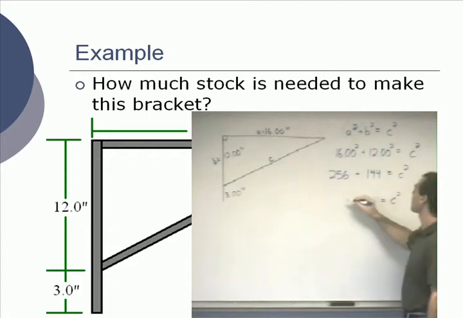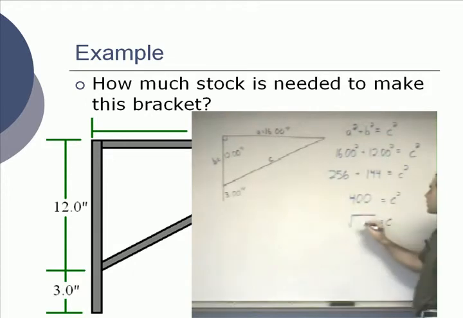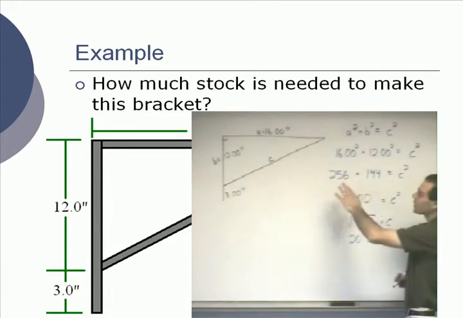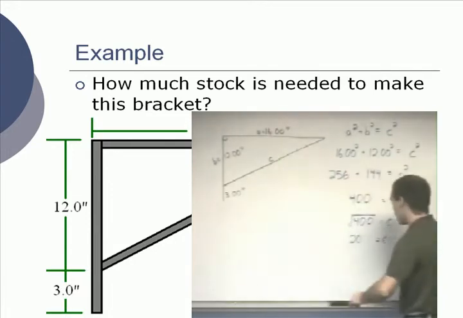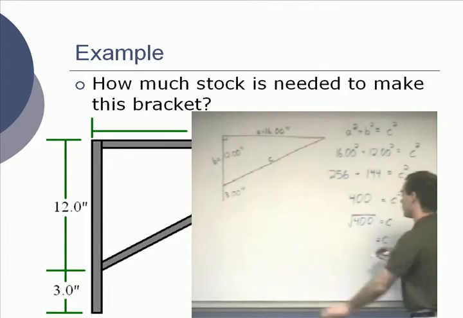So C squared has got to be 400, which means C is equal to the square root. We don't obviously need to worry about plus or minus square root here because that's a distance. It's got to be positive. Square root of 400, and so C is 20. Paying attention to significant digits, we had 4 there, 4 there. We might as well keep 4 on our value of C.